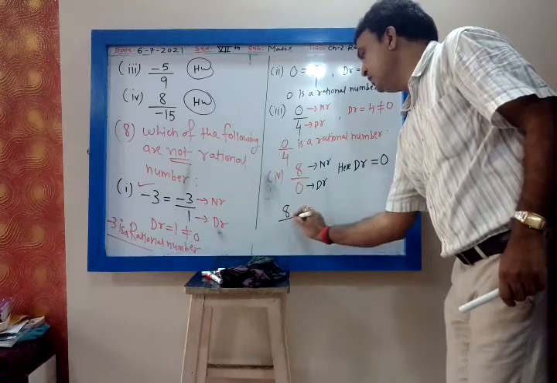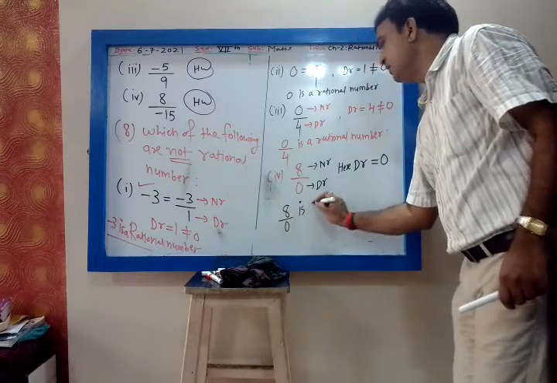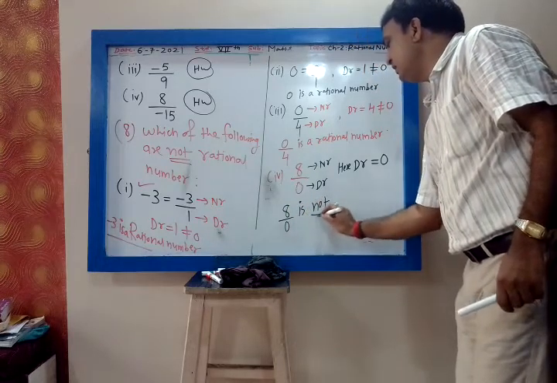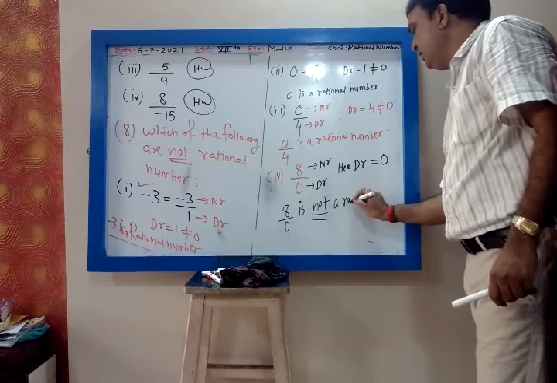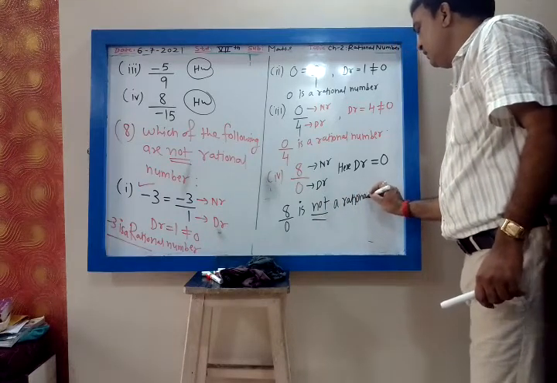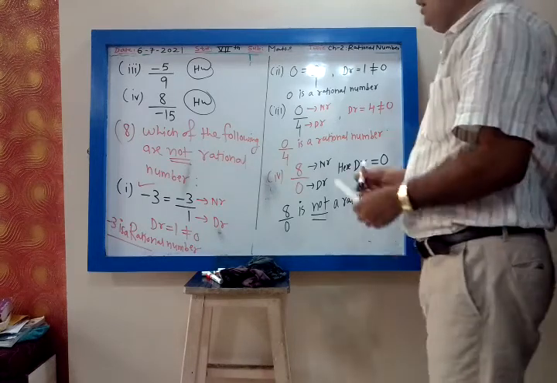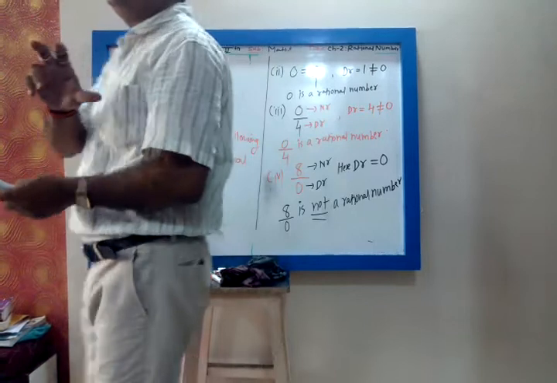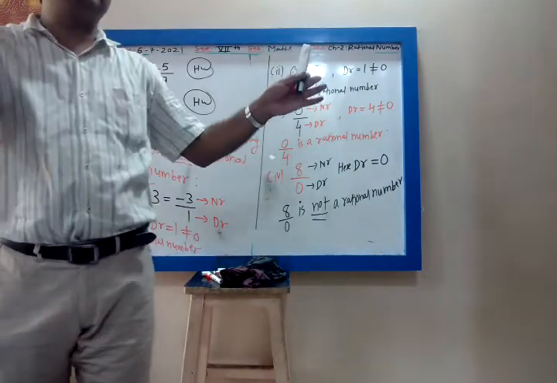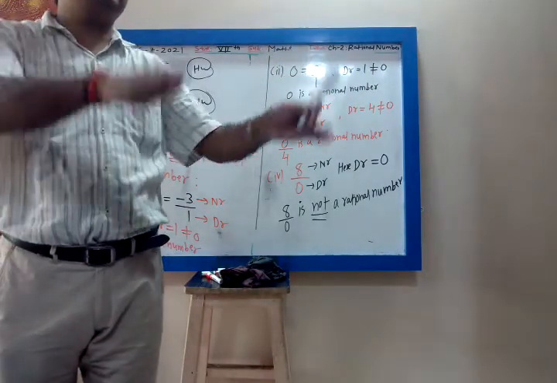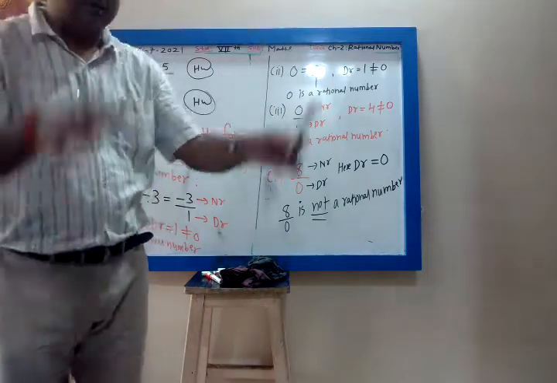So 8 upon 0 is not a rational number because denominator is 0. And for a rational number, you must have denominator not equal to 0. But if denominator is 0, then it is not a rational number.